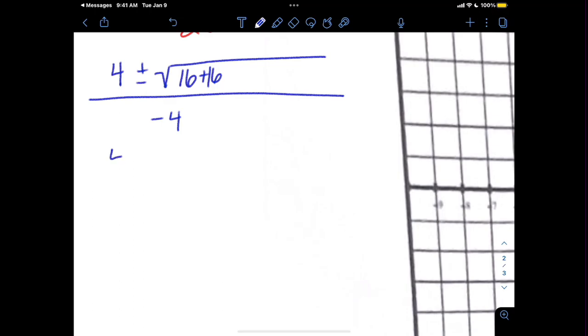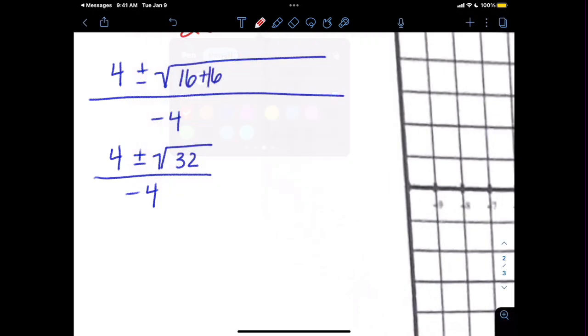Now I'm going to go ahead and combine those 16s. All right, so now I want to simplify this even further. I'm going to look at this guy. I'm going to break it down. So 2 times 2, well, let me do it the simpler way. So 2 times 16.